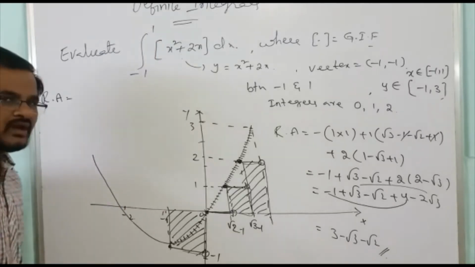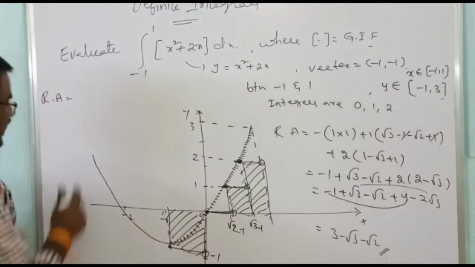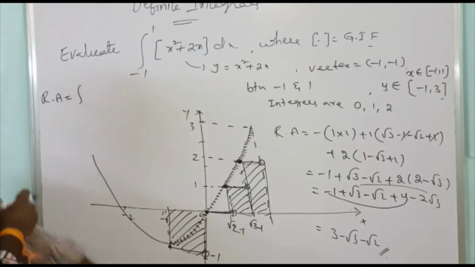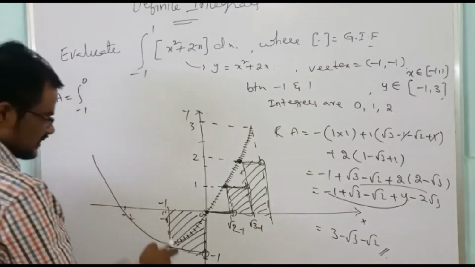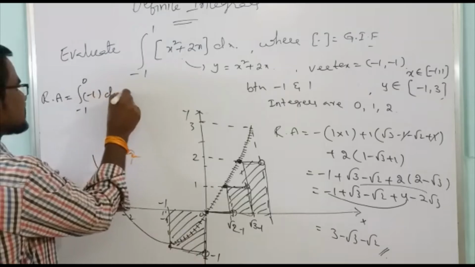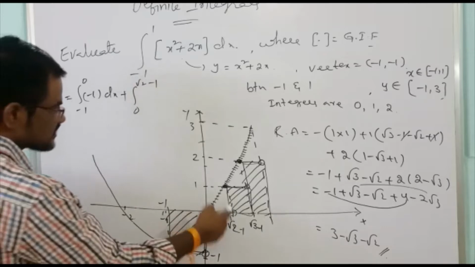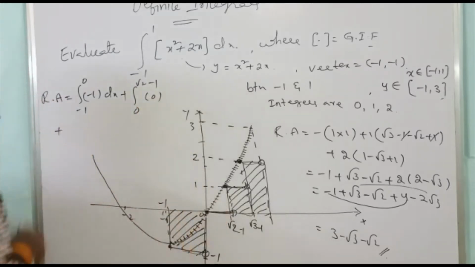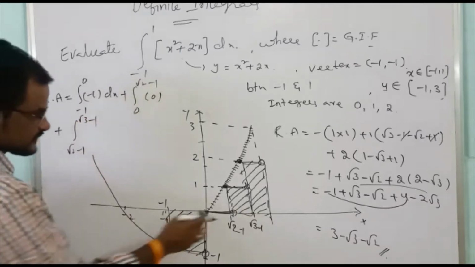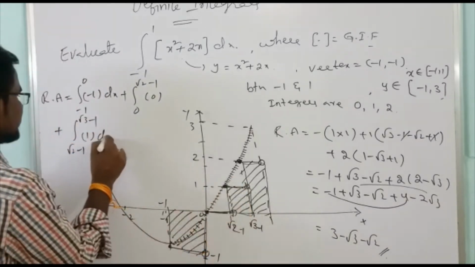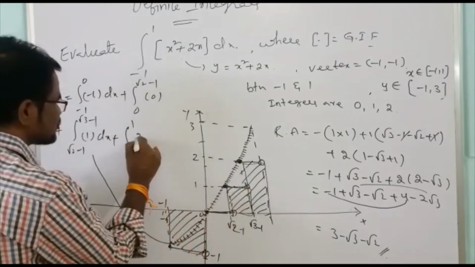So the required area is, for minus 1 to 1, we have to break the interval at every integer: the integration from minus 1 to 0 of minus 1 dx, plus from 0 to root 2 minus 1 the value is 0, plus the integration from root 2 minus 1 to root 3 minus 1 of 1 into dx, plus from root 3 minus 1 to 1 of 2 into dx.